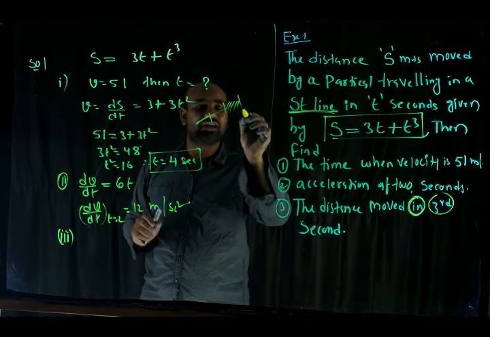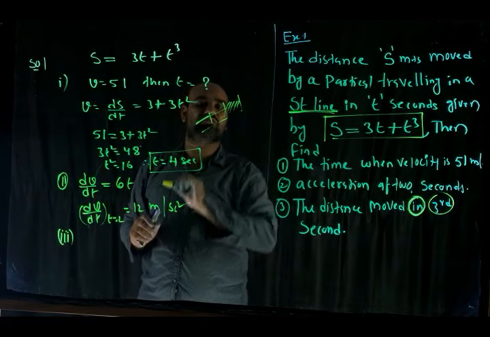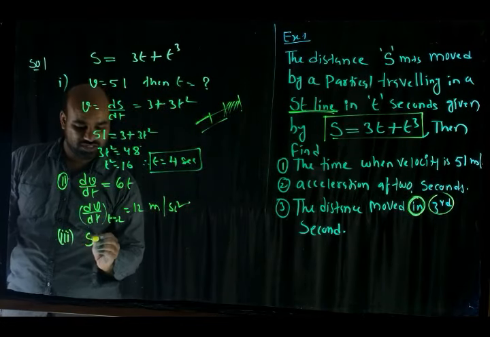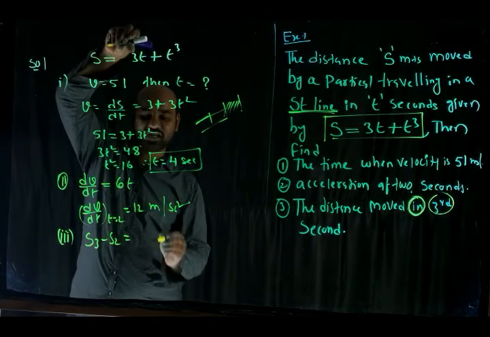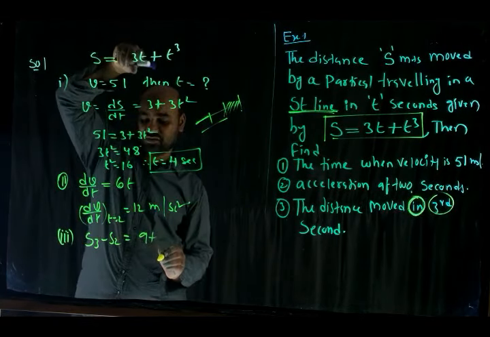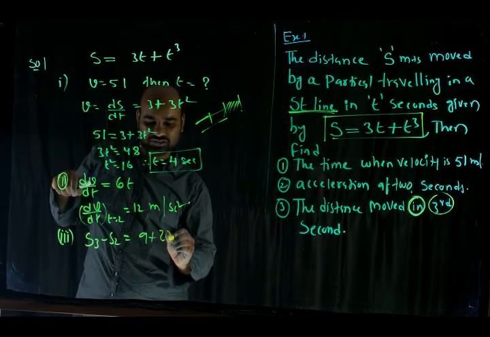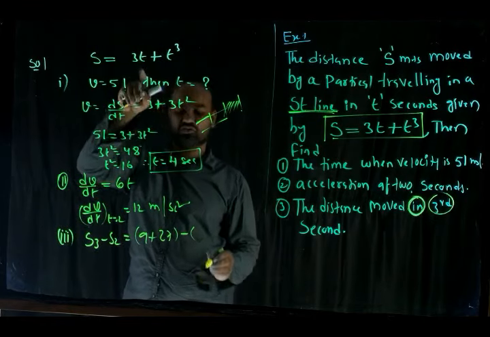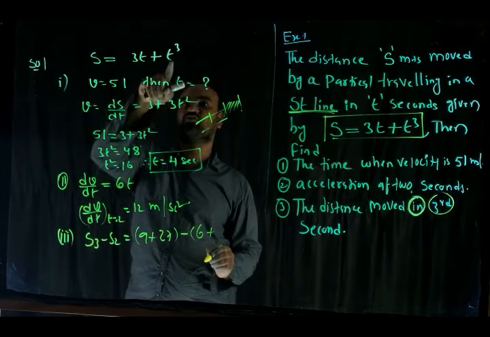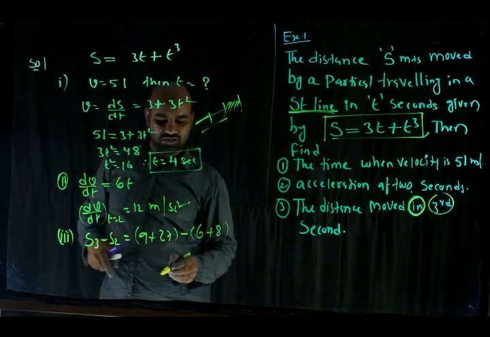That means S3 minus S2. For S3, 3 should be substituted. 3 square is 9 plus 3 cube 27, minus 2 square 4 plus 2 cube 8.